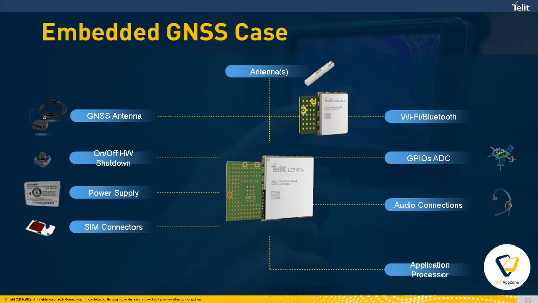However, since both cellular and GNSS need to work in the same application, with the cellular always on, the antenna should, for optimal performance, maybe be an active antenna that integrates a preselection filter to avoid that signals from the cellular or other radios, like the Wi-Fi and Bluetooth in this schematic, interfere with the GNSS performance.